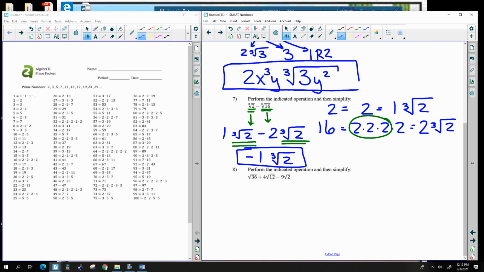A lot of times they don't write 1s, so the answer will probably look like negative cube root 2, but I just wanted to be overly obvious on why that's the answer.